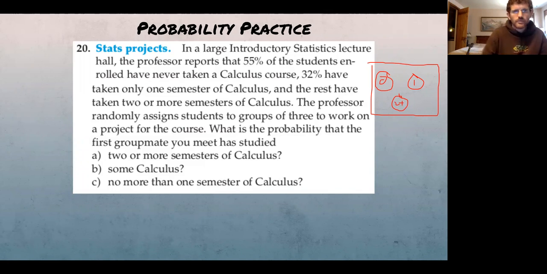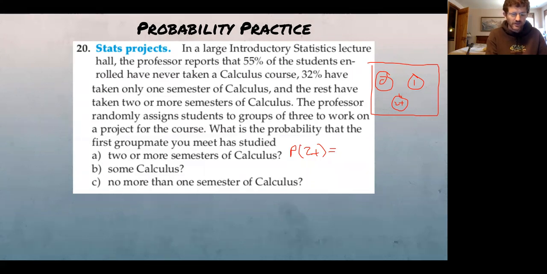So what's the probability that the first group you meet has studied calculus 2 or more semesters, that is. So the probability of 2 plus, well, I don't know that, but I know what 0 and 1 is, and this is the entire sample space. 0, 1, and 2 plus is the entire sample space.